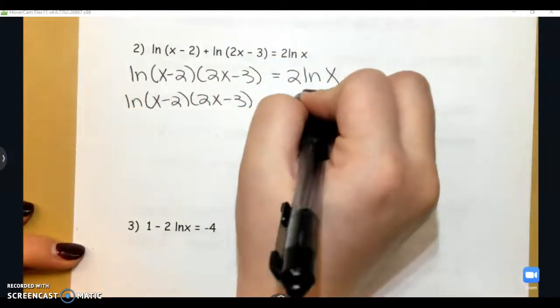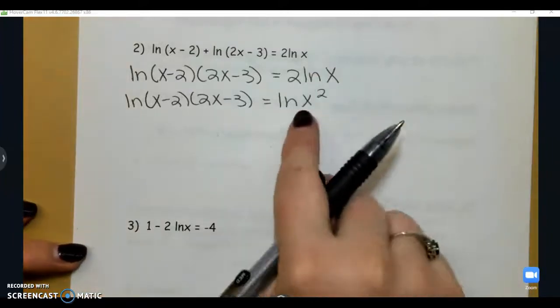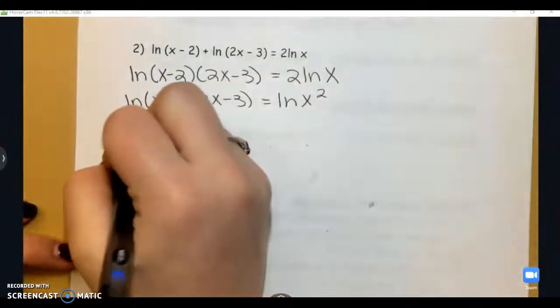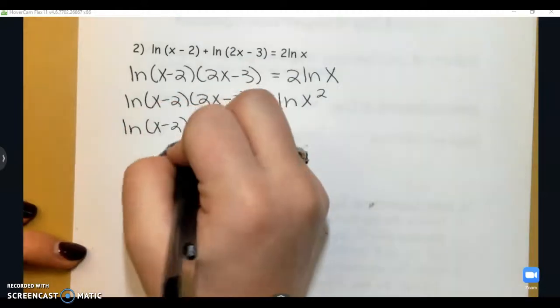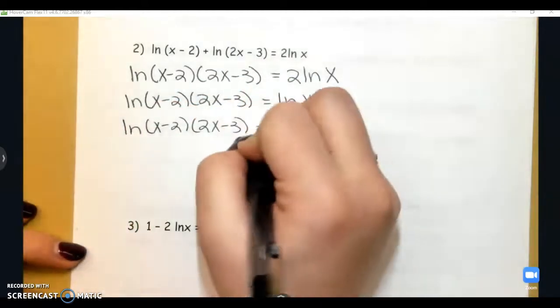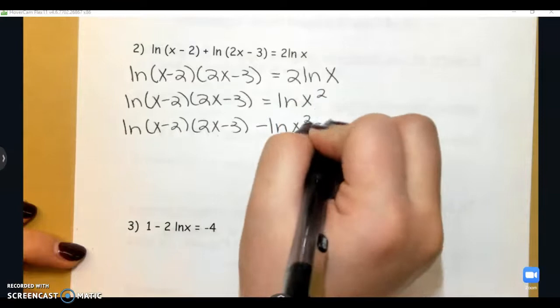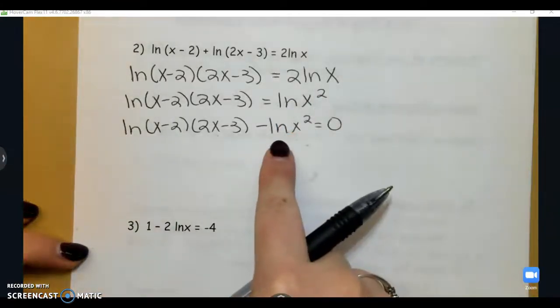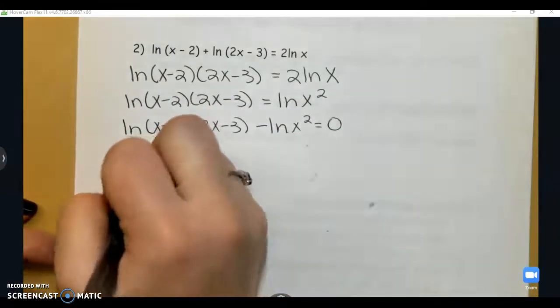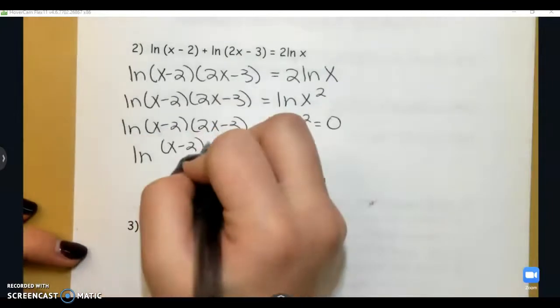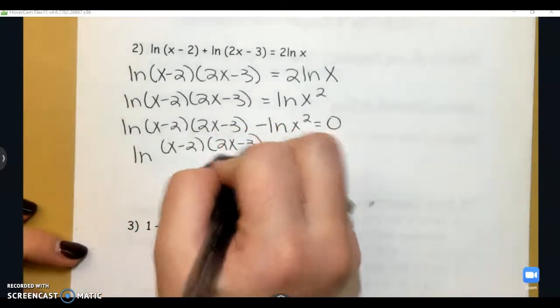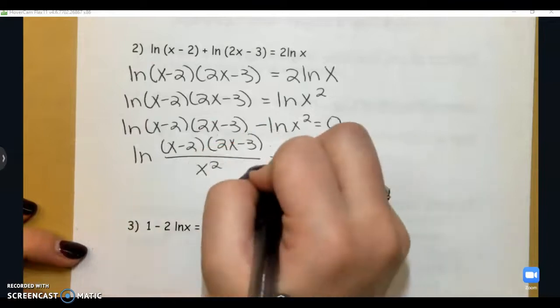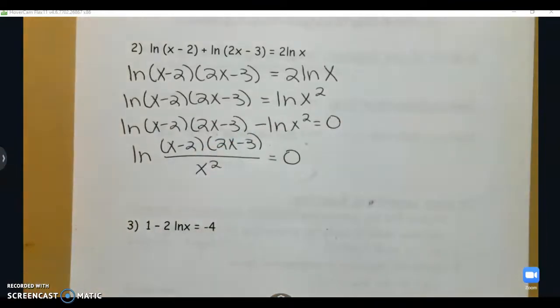That's going to give me natural log of x squared. And I can now move it to the other side. So natural log of x minus 2 times 2x minus 3 minus natural log of x squared is equal to 0. And look, this is now subtraction. So to make this one log, here is going to be my final logarithm, and that is equal to 0.